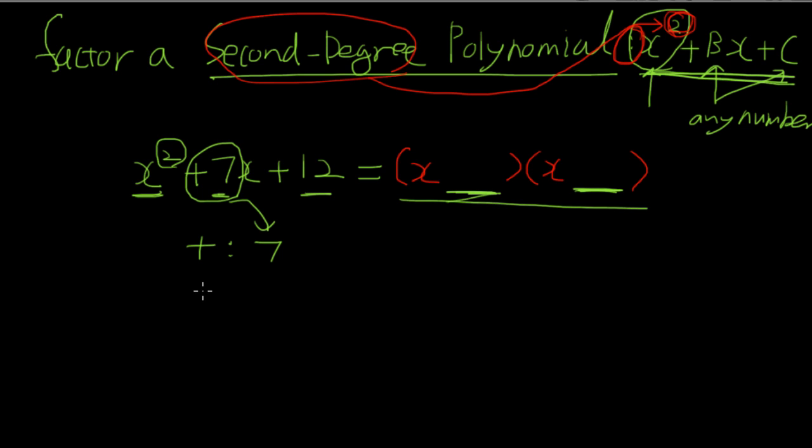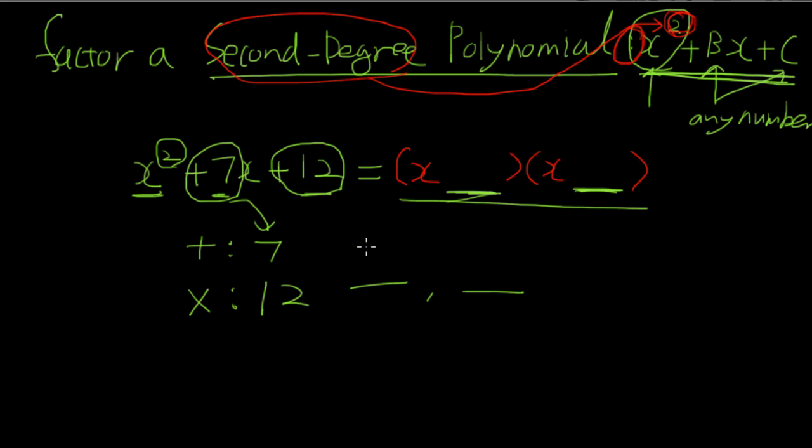And when we multiply these two numbers that we're looking for, it should be this number. Notice that I include the sign as well. In our case, it's 12. So I'm trying to look for this two number combination. When I add, it's gotta be 7. When I multiply, it's gotta be 12.